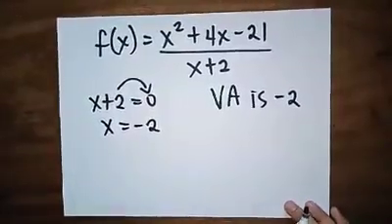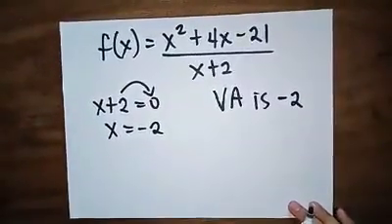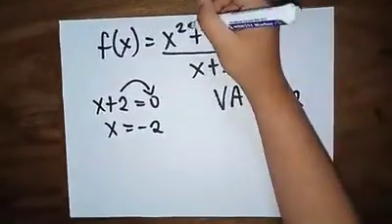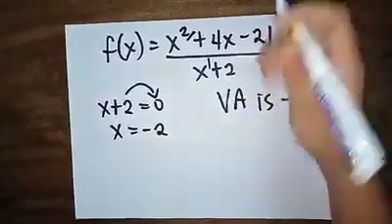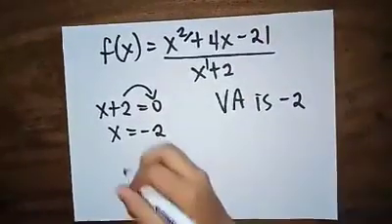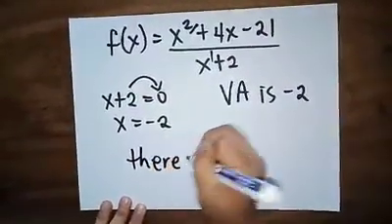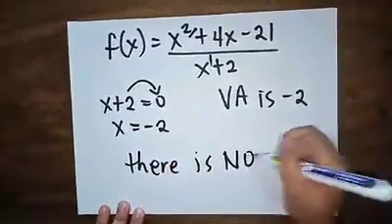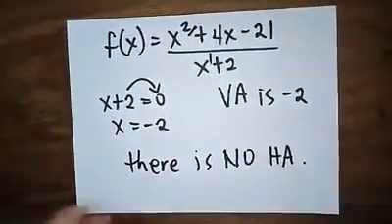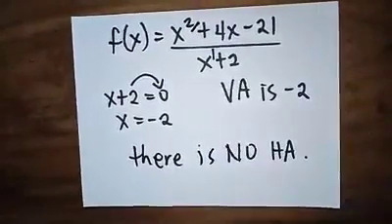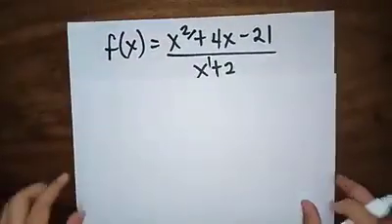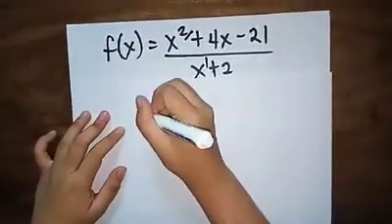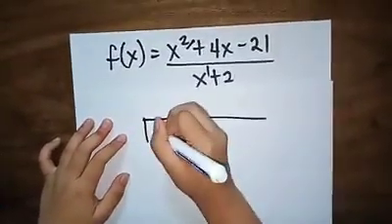How about our horizontal asymptote? Notice that the degree of the numerator is greater than the degree of the denominator. It means that there is no horizontal asymptote, but we do have an oblique asymptote. How can we find the oblique asymptote? To find the oblique asymptote, we will use long division.